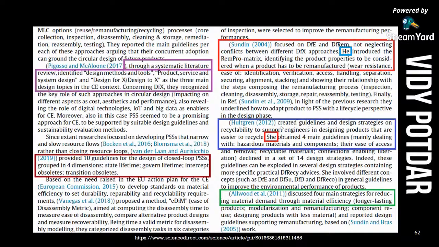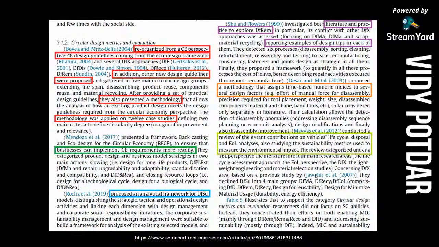So you can see what are the common terms that are used to describe a study: created guidelines, discussed strategies, provided guidelines, through a systematic literature review, identified something, and so on. So try to use this style in your writing if you like.